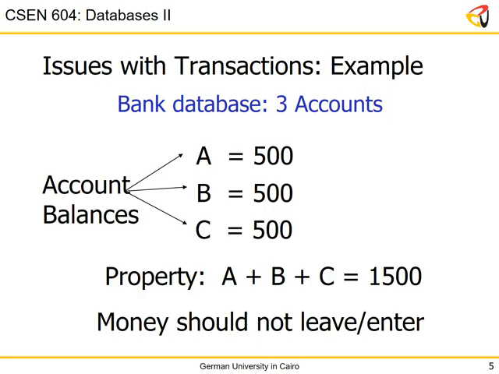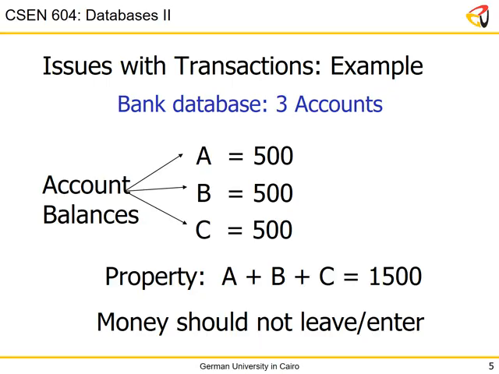Now, if the owner of these accounts decides to move money between those accounts, the sum should not change. If I take £100 from account A, and I add it to account C, account A will be 400 and account C will be 600. The total is still 1500.